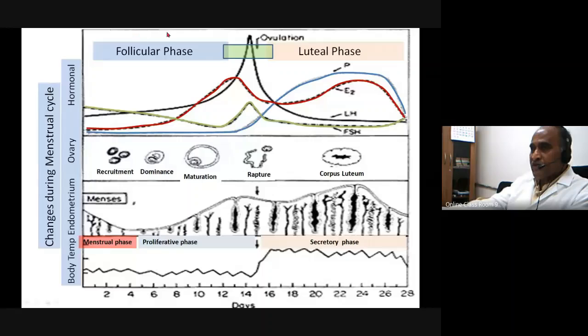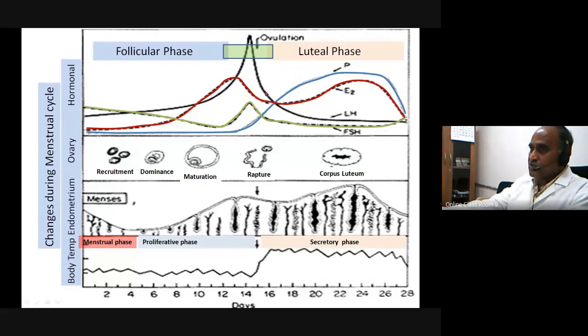Now in the follicular phase, what is happening to these hormones, you can very well see. In the early follicular phase, there is not much change in the LH, but in the late or pre-ovulatory follicular phase, this will increase. If you are looking at the FSH, initially it was a little high, then it comes back, and again it rises.